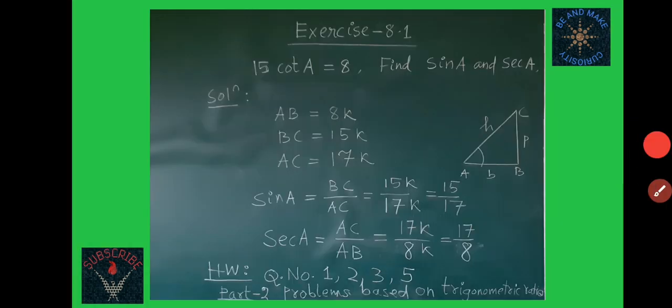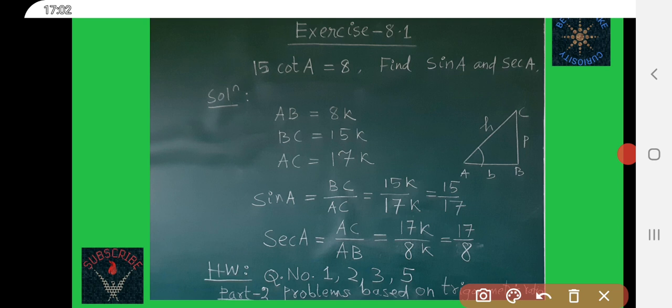Next, see here AB 8K, BC 15K and AC 17K we got. Now we find sin A and sec A. So sin A equal to, sin what? P by H. Here P is BC, H is AC, so 15K by 17K, that is equal to 15 by 17.